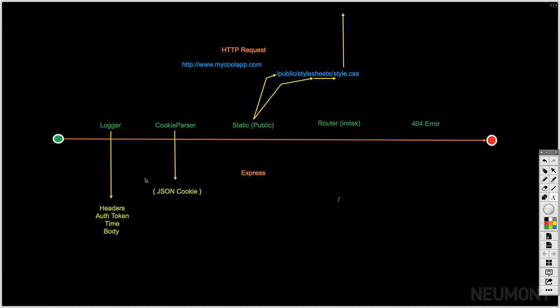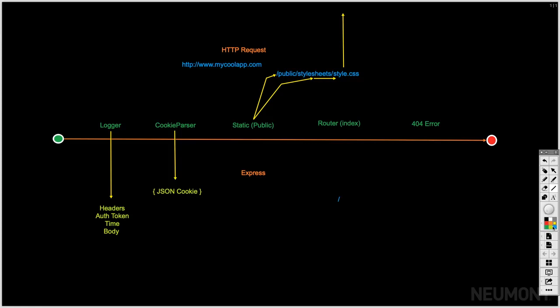Cookie parser is going to parse all of the cookies and add them to the request object so we have access to them. Now the static middleware, when it sees that there is no /public in this path, it doesn't have this prerequisite in the path right here, it is simply going to ignore the request and call next. And instead of it handling returning an asset for the request, because it's just going to call next, it is going to then pass the handling of this particular request over to the router.